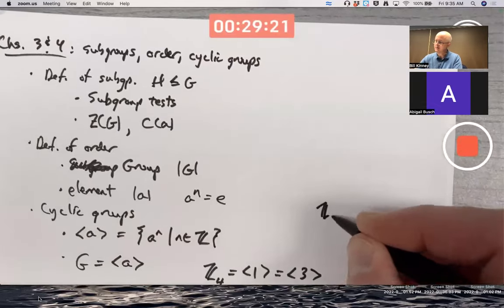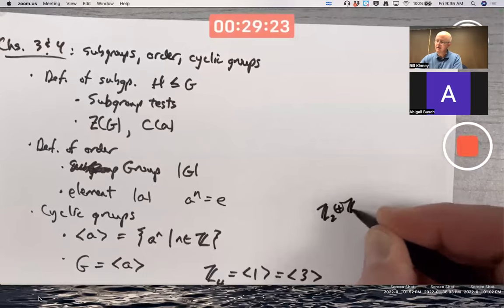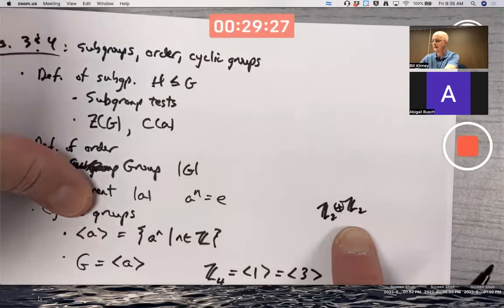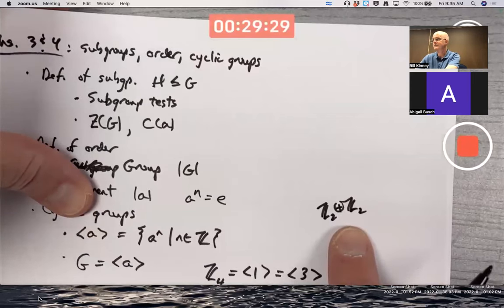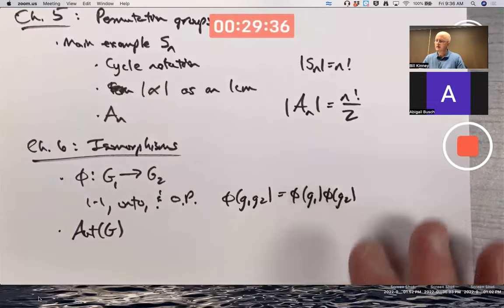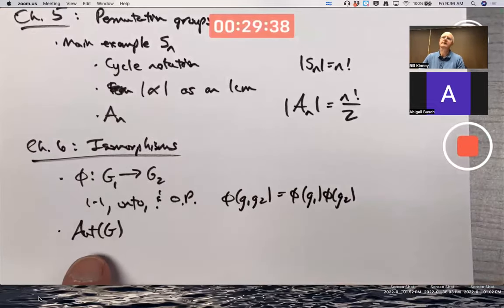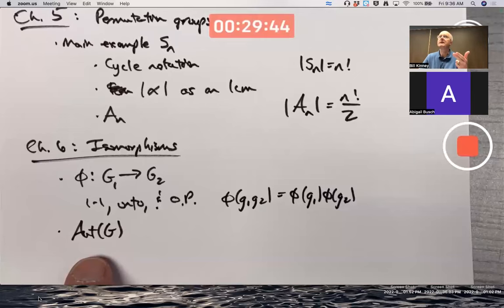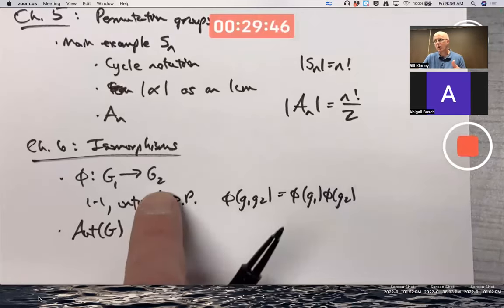I haven't talked about external direct product yet, but there's an example of an abelian group that's not cyclic. That's the simplest example, in fact. Coming back down here again, all automorphisms are isomorphisms because, by definition, they are isomorphisms from a group to itself. Not all isomorphisms are automorphisms.